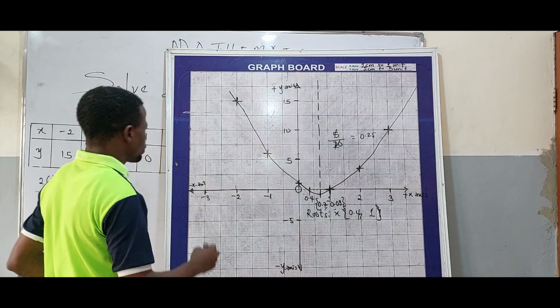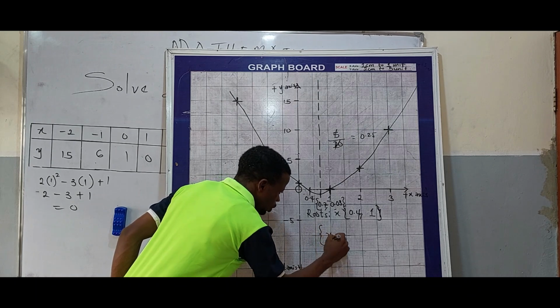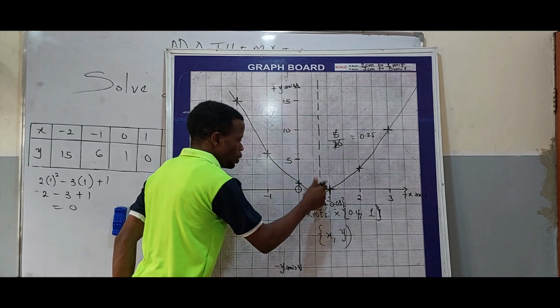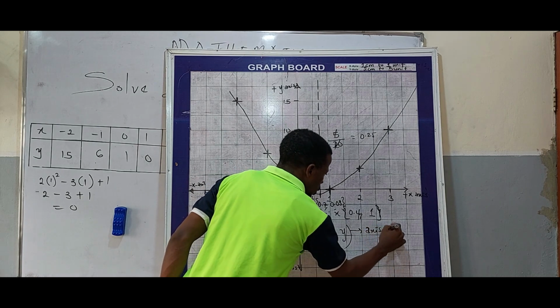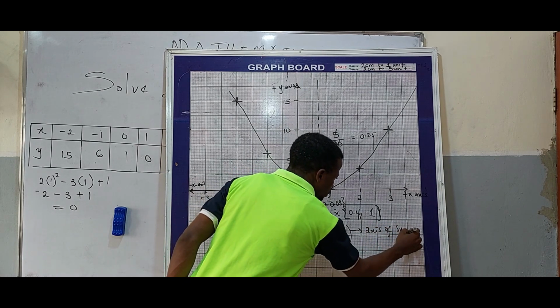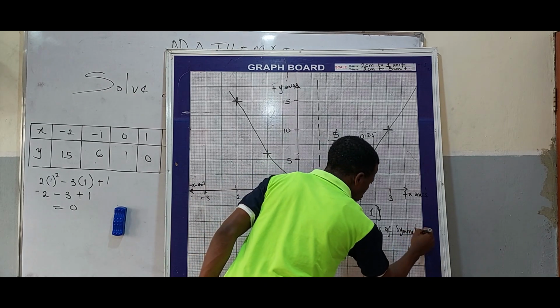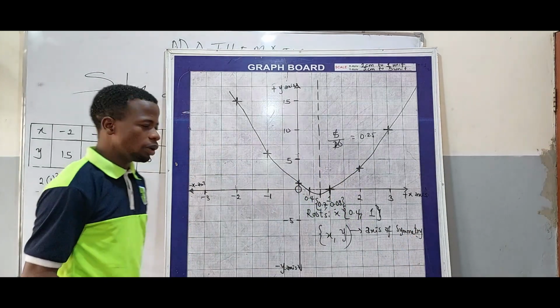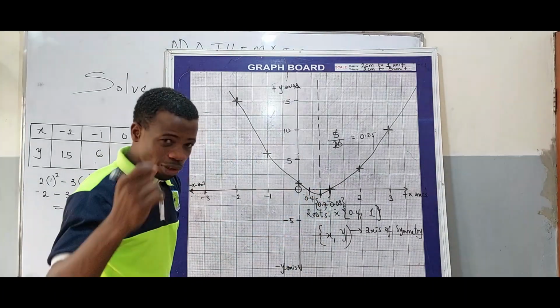What do I mean? The axis of symmetry is always this place. We call it axis of symmetry. Now, what is the coordinate of this point? It's just the coordinate that we need.